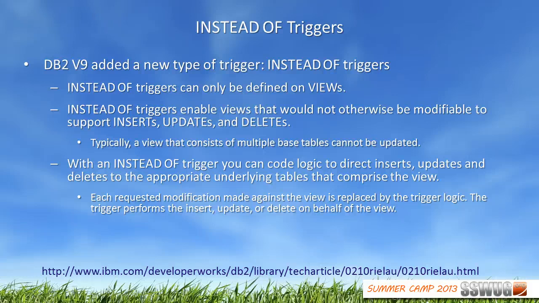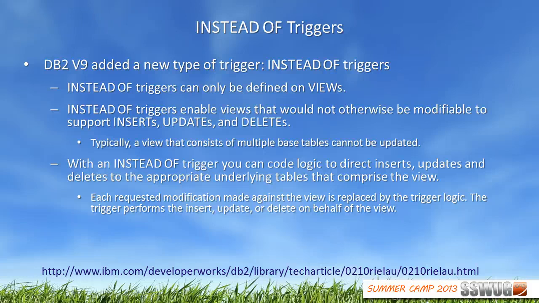Well, the instead of trigger put on the view will break apart the data that is being inserted, updated, or deleted and target it to the right component of the view. You know, a 3-table join, it goes to this table or this table to this table. So the instead of trigger is the logic you code to put the data into the right table when someone tries to do an insert, update, or delete to a view.